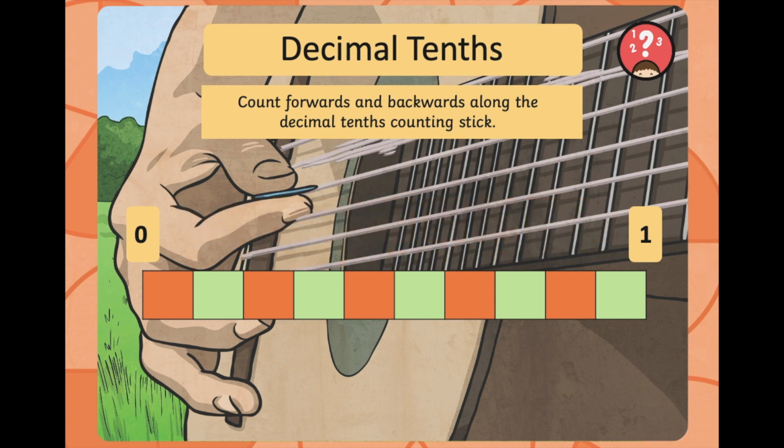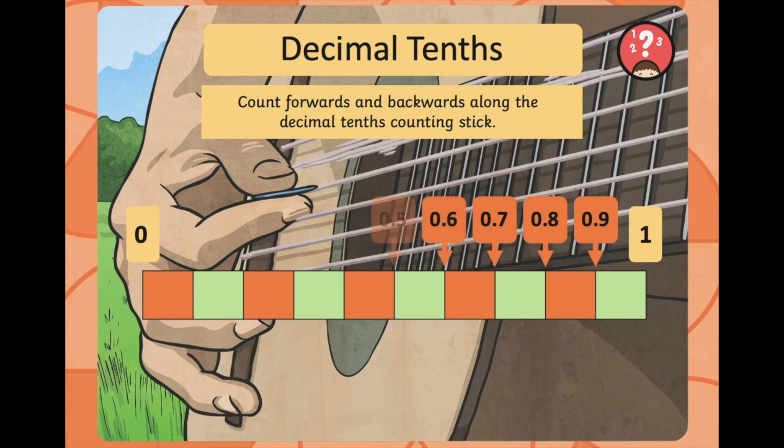And then counting back, we've got 1, 0.9, 0.8, 0.7, 0.6, 0.5, 0.4, 0.3, 0.2, 0.1 and 0.